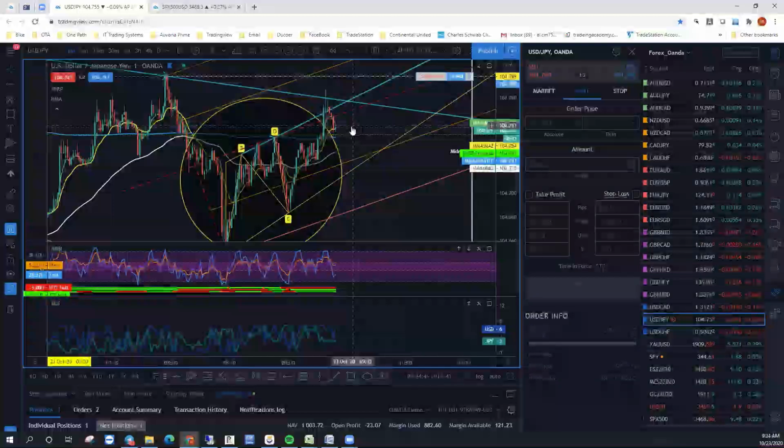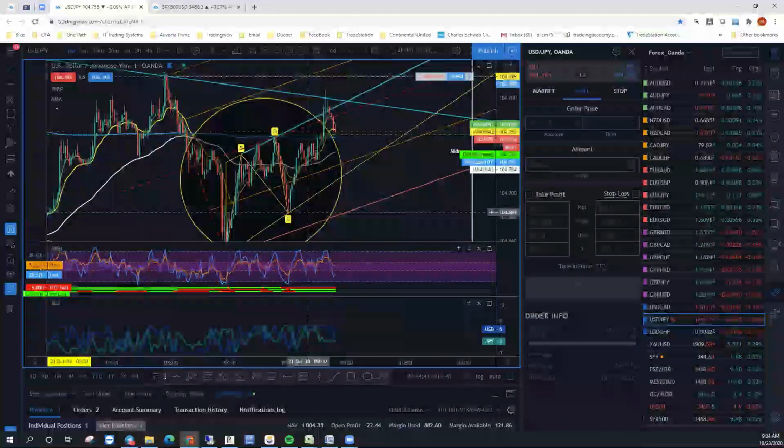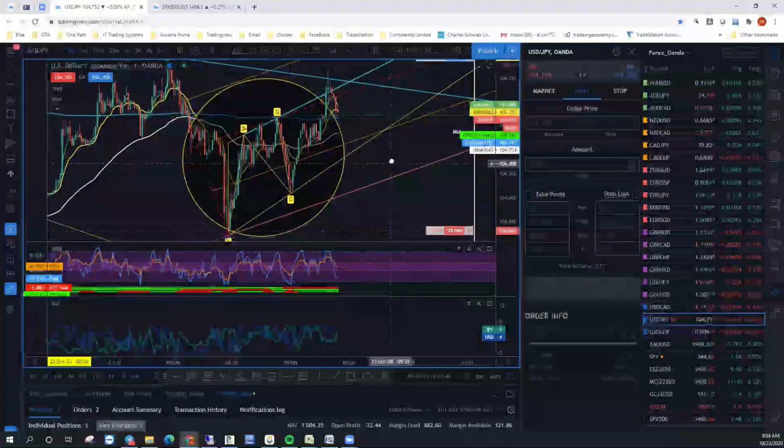I'm still looking at the target of 104. This target down here, actually 104.60.